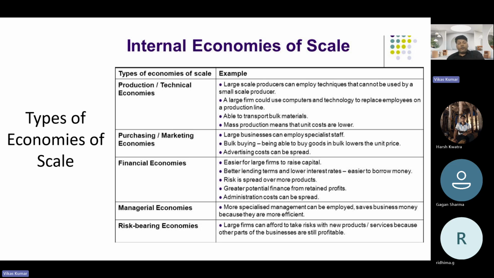But that kind of managerial capability lies with firms which already have profits, which can raise money, and whose production is already at a large scale. More specialized management will take better decisions most of the time, not in every case. It helps save the business money because they are more efficient, and their decision making and initiative are much better compared to a person from tier 2 or tier 3 cities, or from a less experienced or small company.